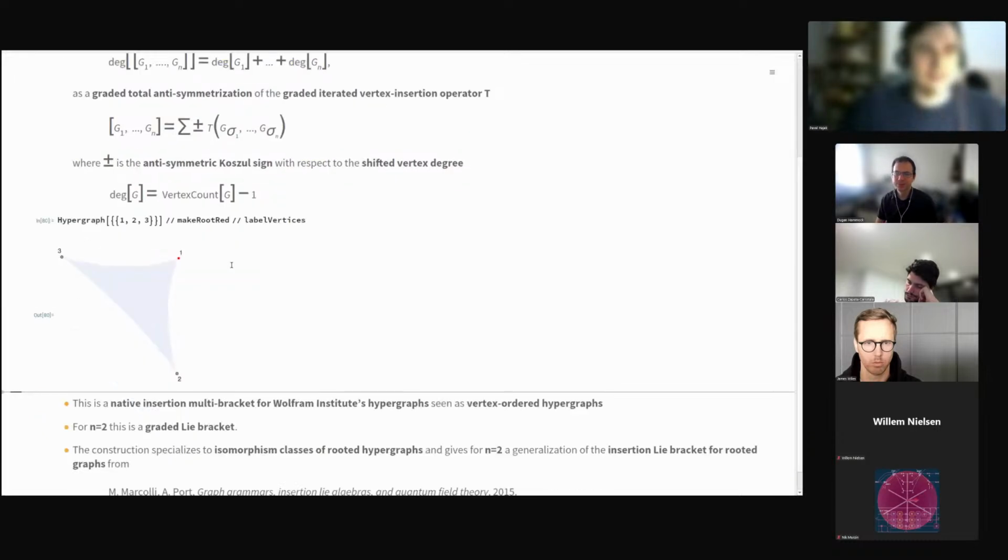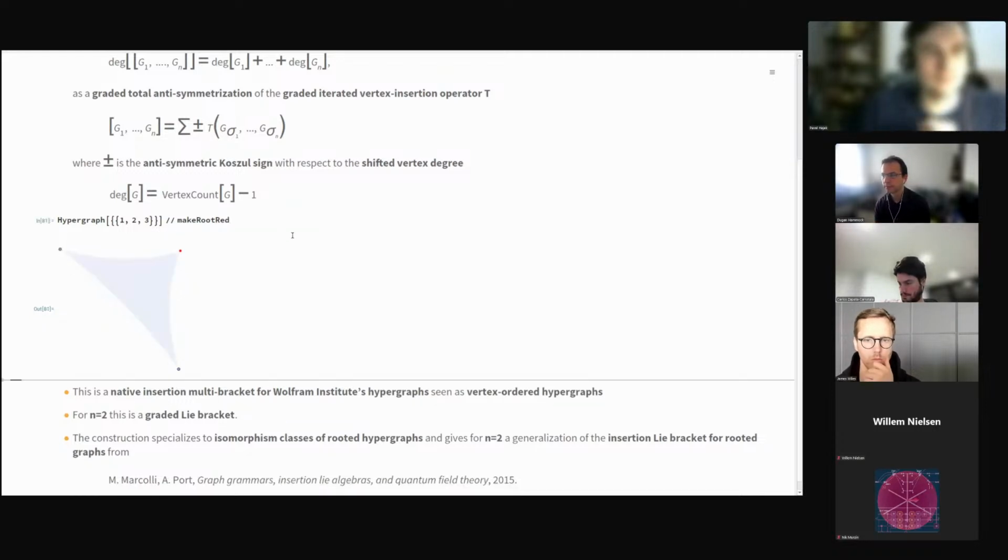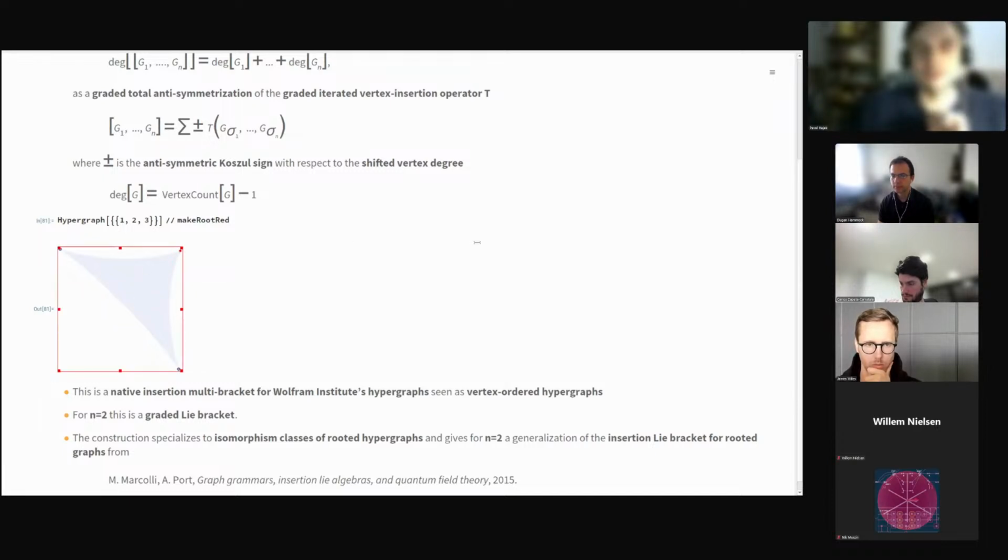Rooted hypergraph means that there is one chosen vertex. Rooted hypergraphs correspond to such pictures. The isomorphism identifies two hypergraphs by mapping the red vertex to the red vertex, and the rest by any permutation which preserves the hyperedges.